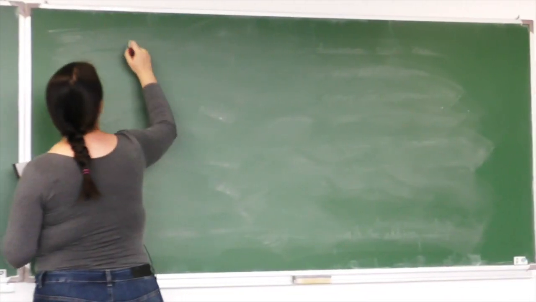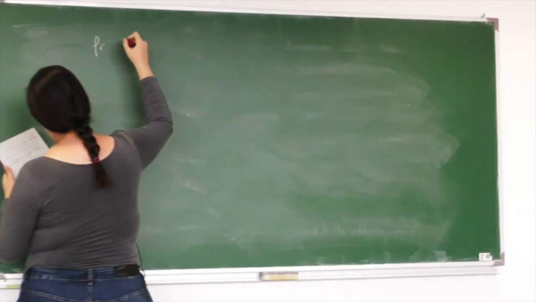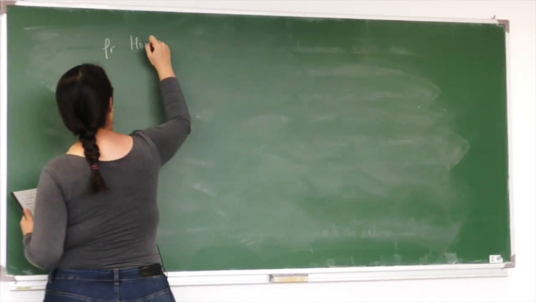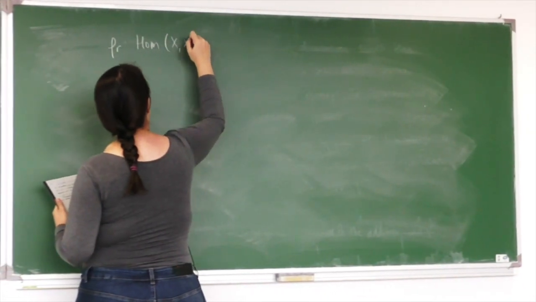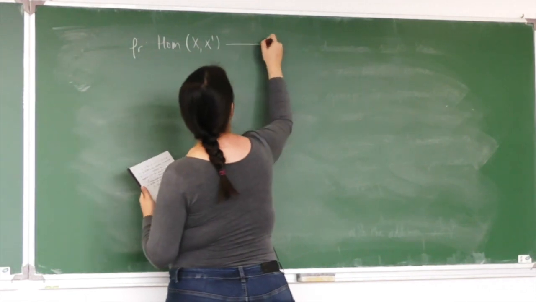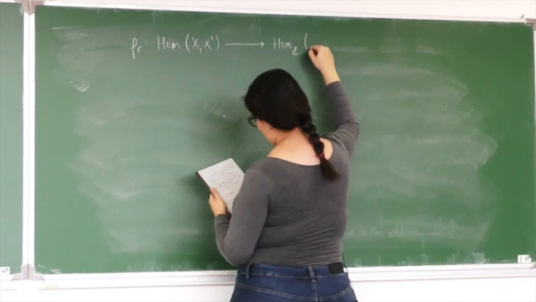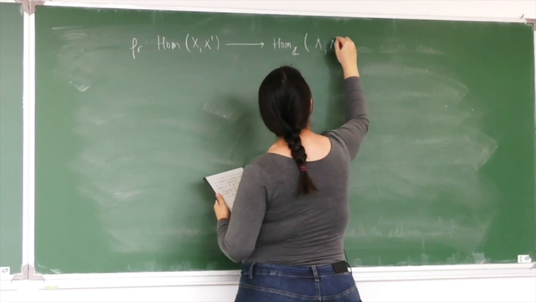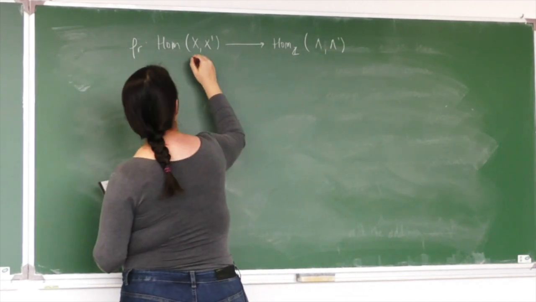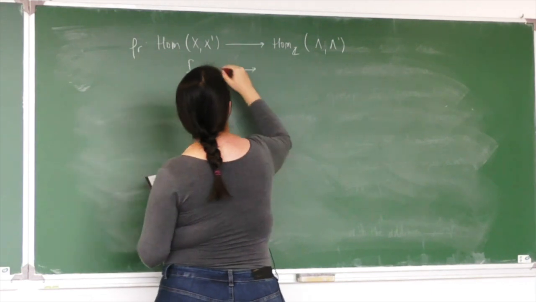And we will also have the rational representation that goes again from the homomorphisms of X prime to the homomorphisms with respect to the integers of lambda prime that send f to, and what do we have here?